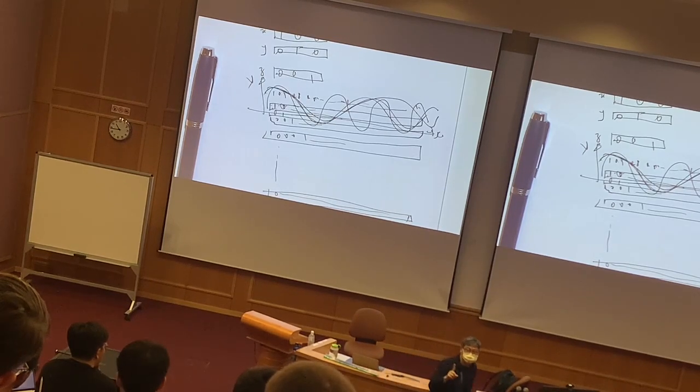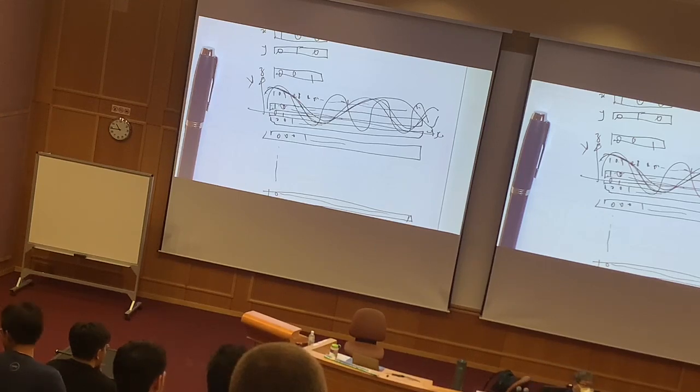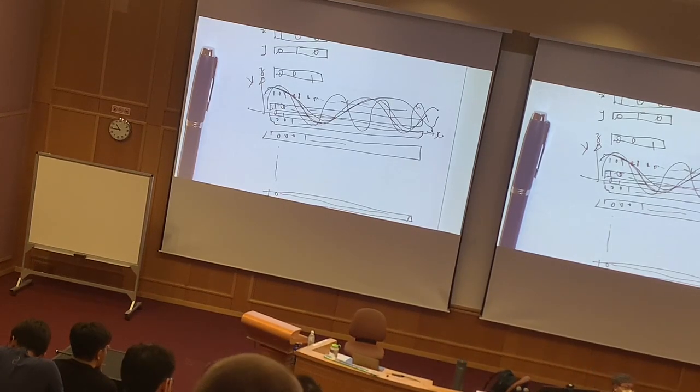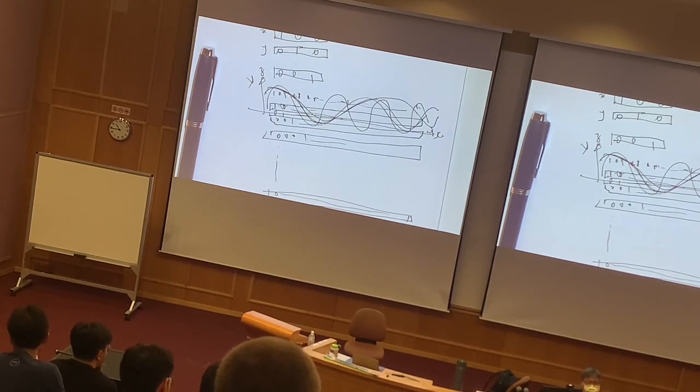So in other words, Sam was the one who talked about phase. Phase is how much you shift. If I give you a signal, I don't tell you it's a 5 hertz signal, I just give you a signal, and you dot product with all the basis functions.